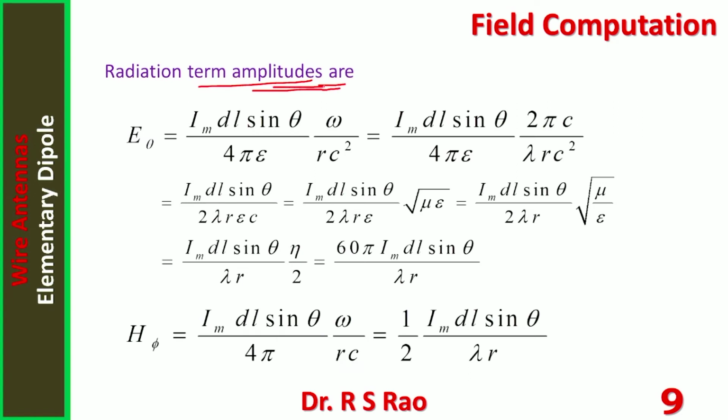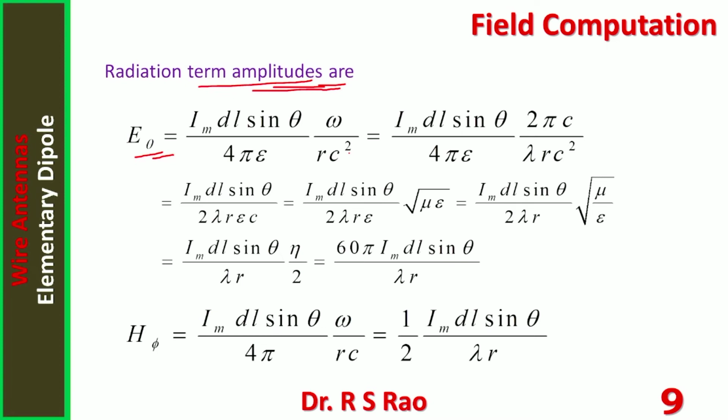So what is the amplitude of E theta? It is Im dl sin theta by 4 pi epsilon, omega by r c square. We have the expression for E theta in a previous slide. There we can see three parts. One part having inverse r relation, another part having inverse r square relation, last part having inverse r cube relation. The r square term and r cube term don't contribute to radiation.